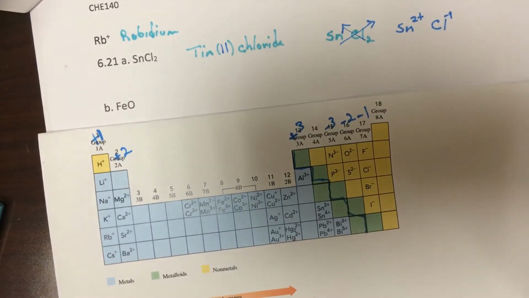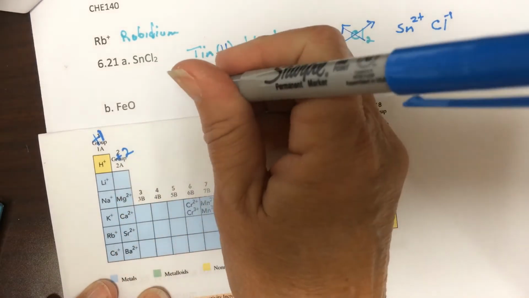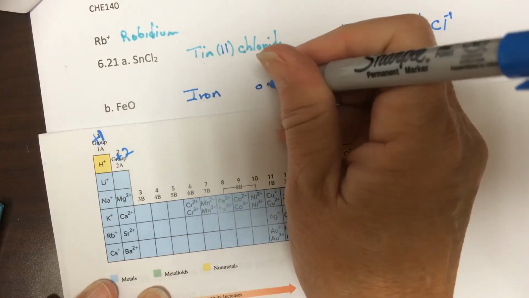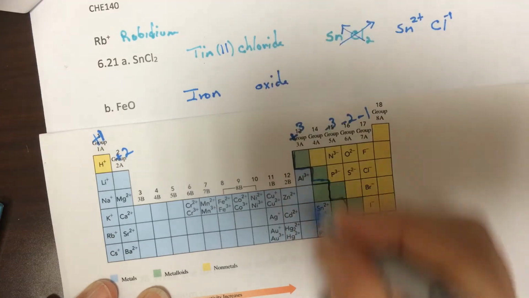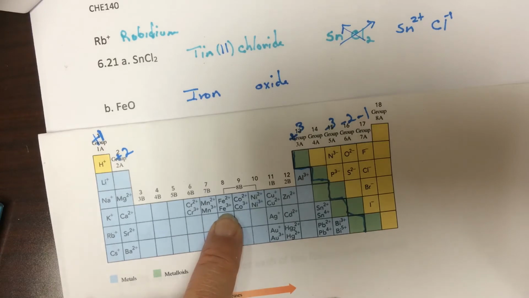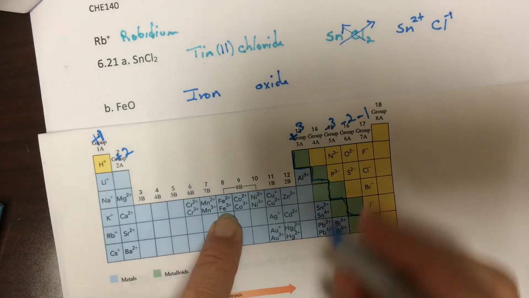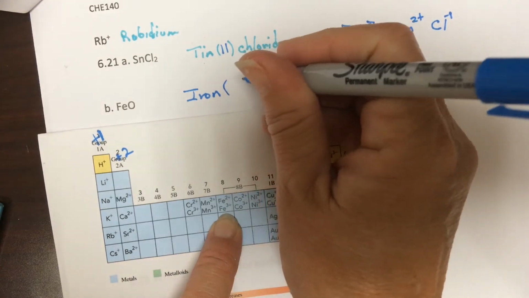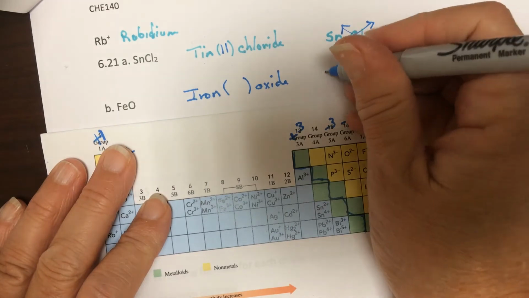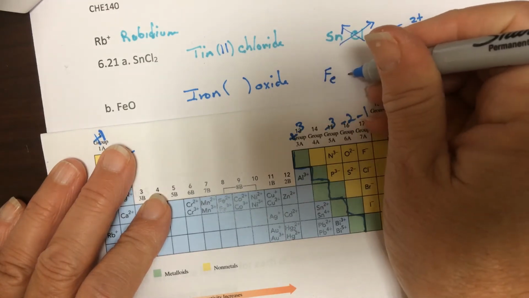FeO is going to be, Fe is iron, and this is oxide. Iron is here on our periodic table, so it's a variable compound. It could be either 2 or 3. So we're going to put brackets in here. And then I'm going to rewrite this mainly just to make it bigger.